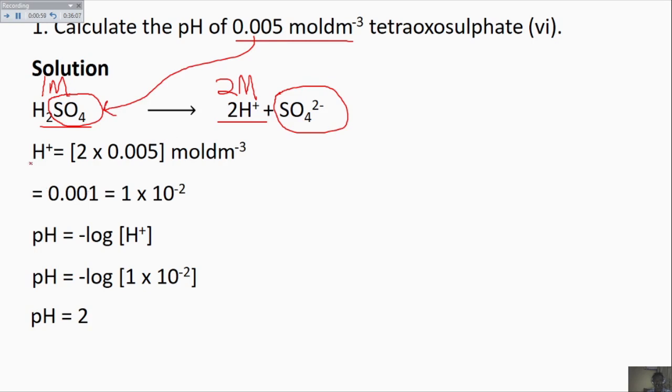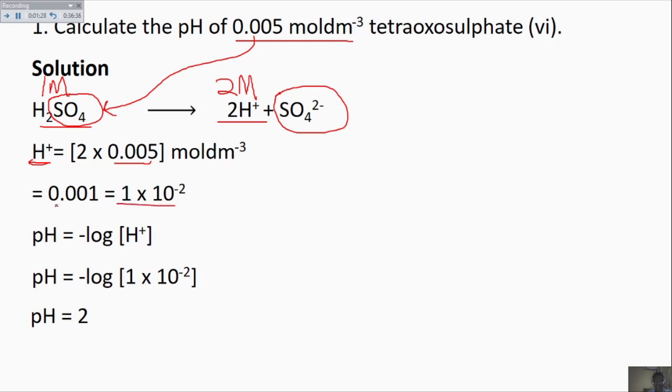Therefore, the hydrogen plus in this equation will be 2 times what we are given, 2 times 0.005.